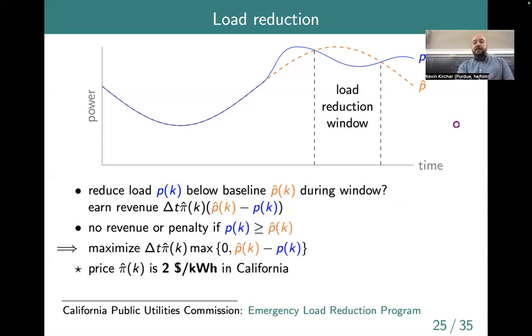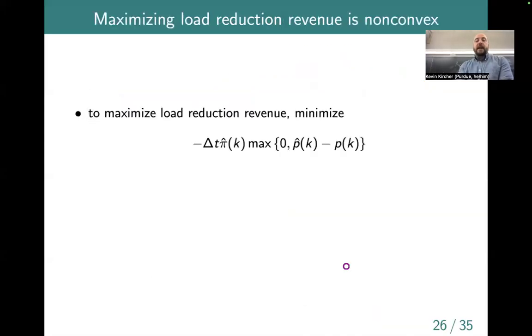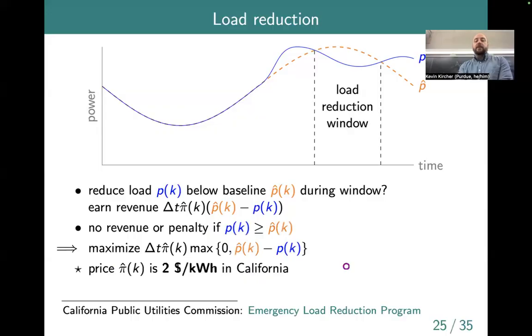Okay, and again, the price during these load reduction or demand response windows can be very high. In California, it's about $2 per kilowatt hour, which is a factor of 4 to 5 higher than normal electricity prices. All right, so that is what load reduction is and how we specify it mathematically.